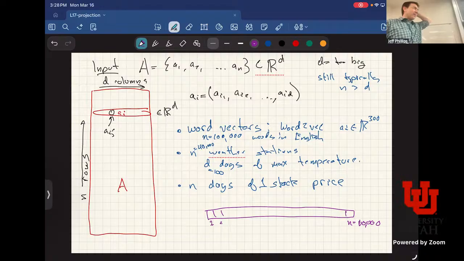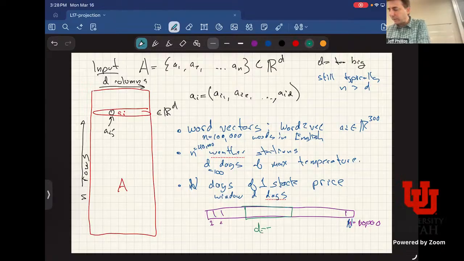And I'm going to turn this, so let me actually call this uppercase N days. And I want to turn this into an N by D matrix. And what I'm going to do is set a window of D days. Okay, so it'll look something like this. Let's say D is equal to 20 in this case.